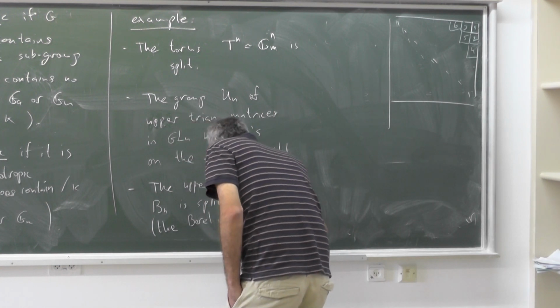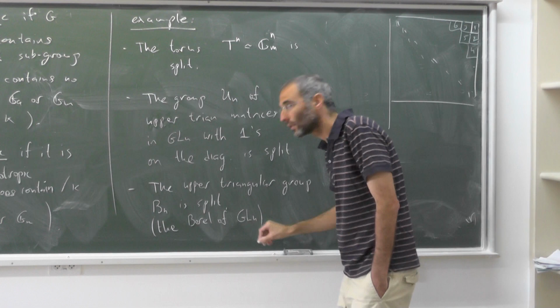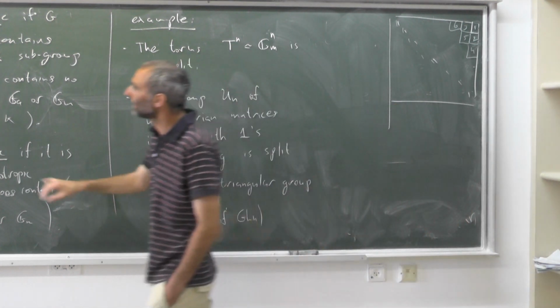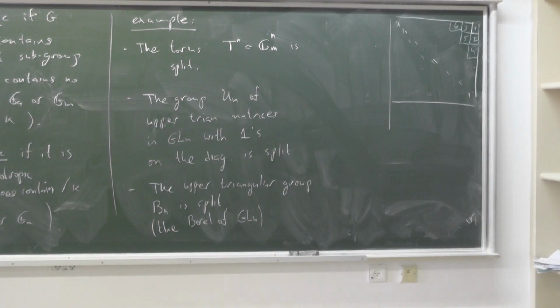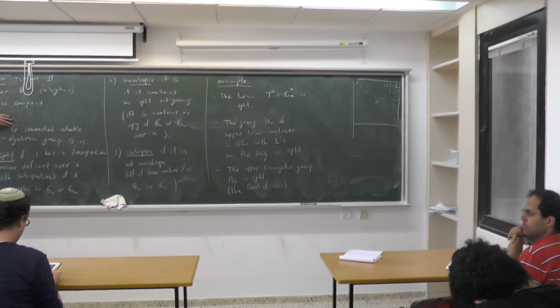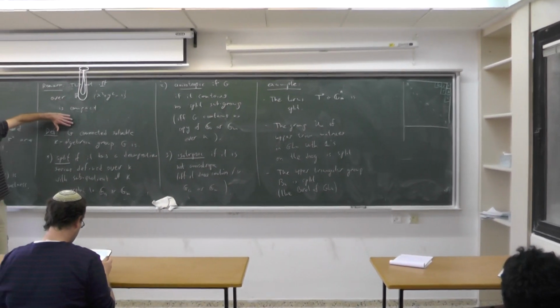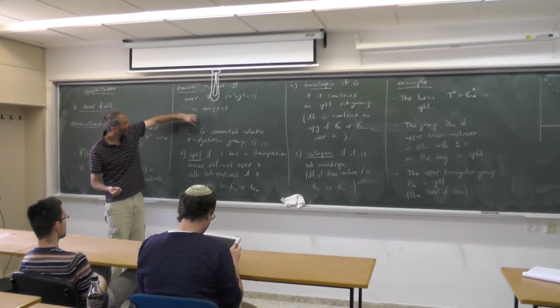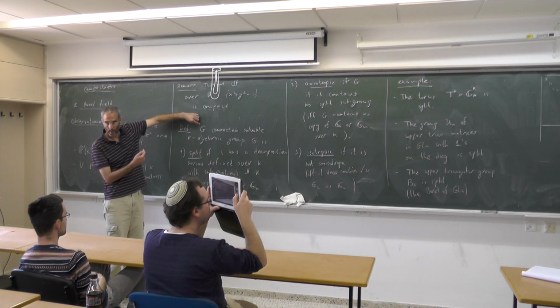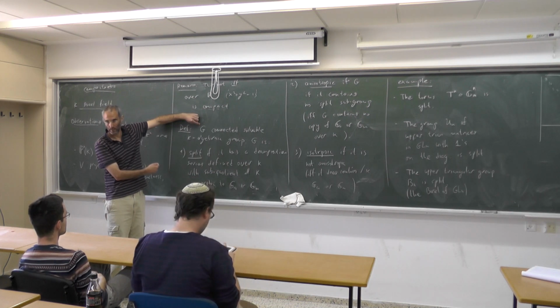So how does it relate to having a split maximal torus? So here I defined, if a group is a solvable group, you have something in mind. I will relate to that in a minute. But strictly speaking, a group could contain a split maximal torus without being split.